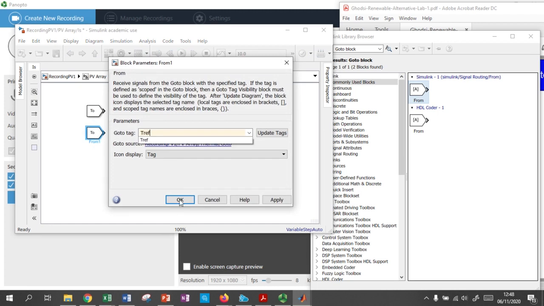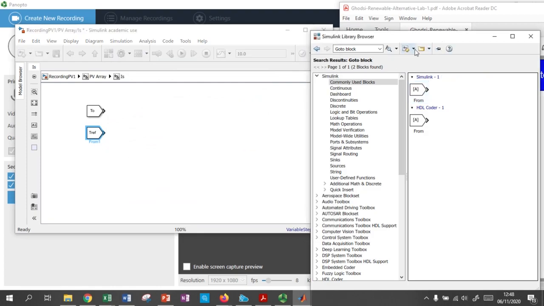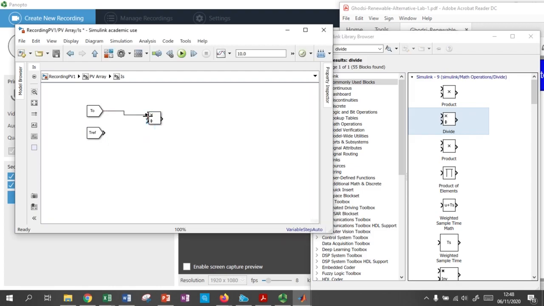TREF is here. You can find it, TOTR, and then the next one is the division. We need one divide. I will press it here. It's a division because TO over TREF, we have this.